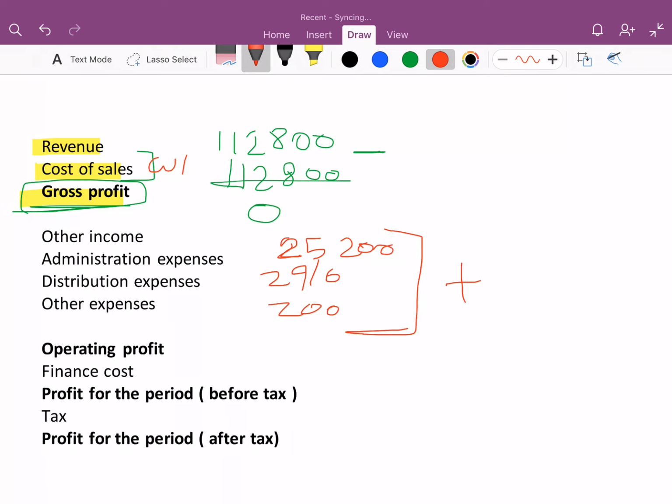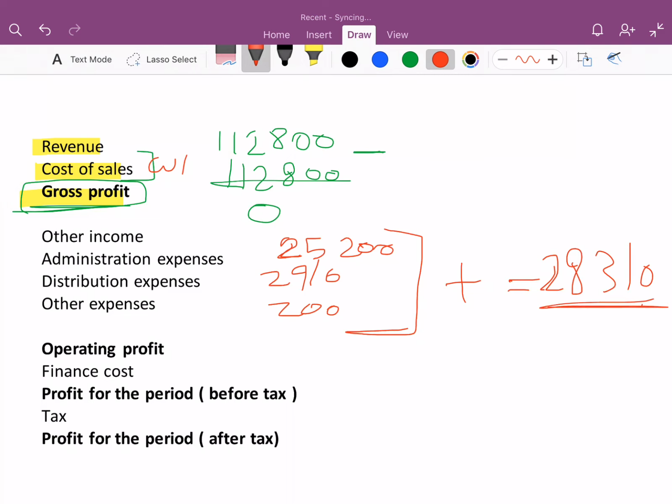So you will add them up, and then you're going to say this number less this, which will give you 28,310.